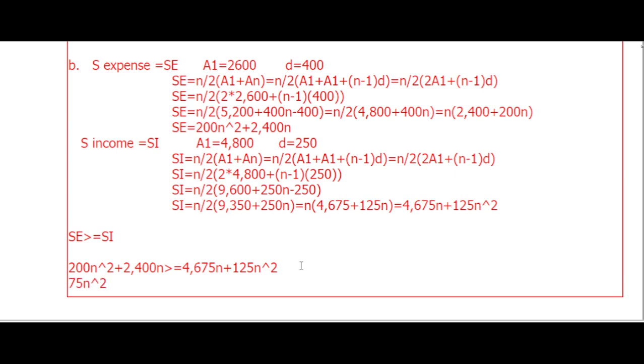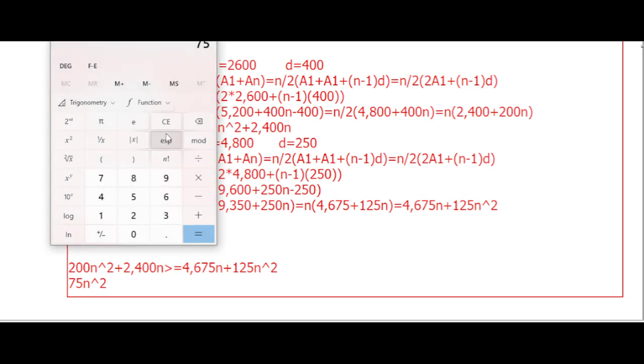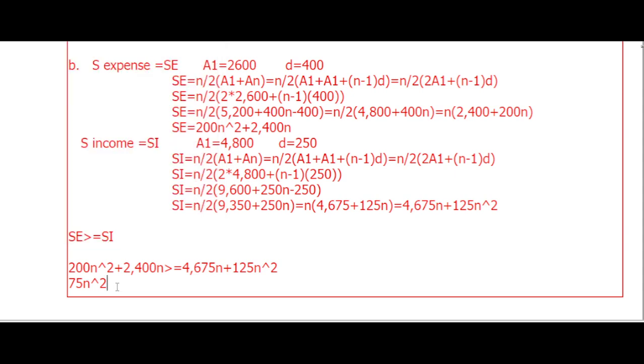Now let's subtract from this one. 2,400 minus 4,675 is equal to minus 2,275n greater or equals to 0.